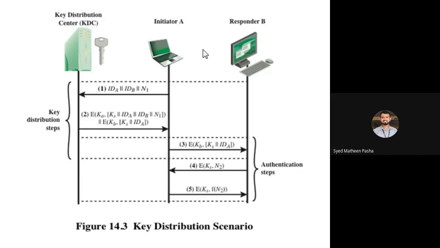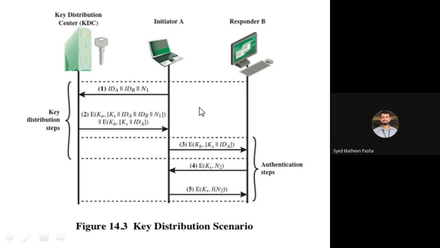Okay. So you can see here, there is no direct communication between the initiator and responder with the KDC. You can see there is a dotted line, which tells you that a virtual communication is established. There is no direct communication.